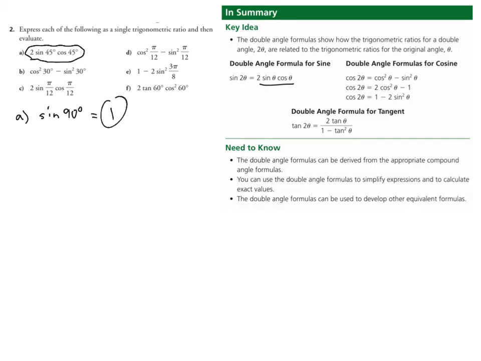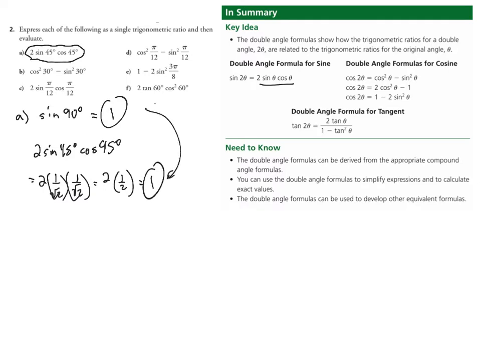All right, I'm not going to test them all, but let's just say, 2 sine 45 degrees cos 45 degrees. Just for fun, we'll test this one. And that's equal to 2 times, well, sine of 45 degrees is 1 over root 2. Cos of 45 degrees is 1 over root 2. So 2 times 1 over root 2 squared is 1/2, and that equals 1. So sure enough, it's the same thing.